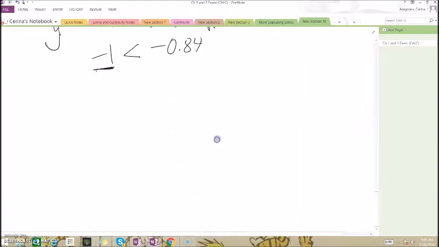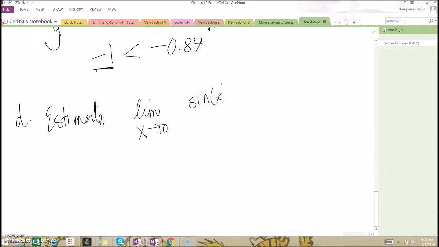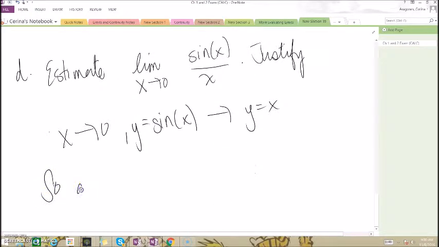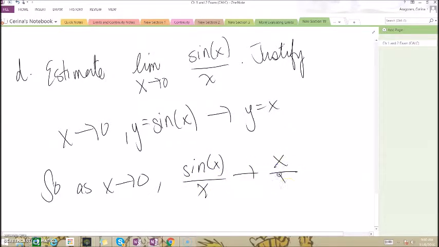So then the last question asks you to estimate the limit as x approaches 0 of sine of x over x, and you had to justify your answer. So as x got closer to 0, sine of x started looking more like y equals x. So as x approaches 0, sine of x over x looks more like x over x, because sine of x looks more like x as we get closer to 0.